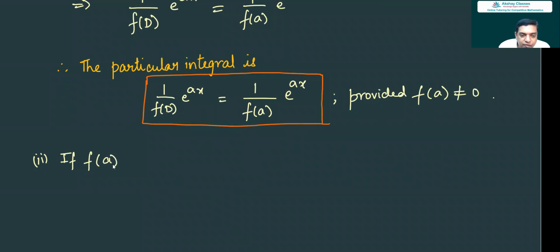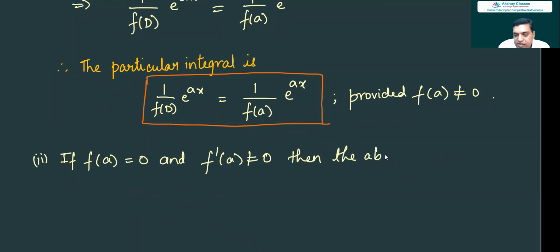Now, if f of a is equal to 0 and f dash a is not equal to 0, then the above rule fails.